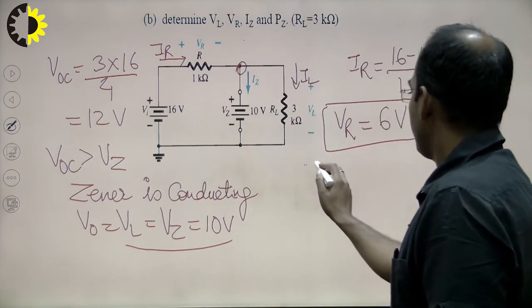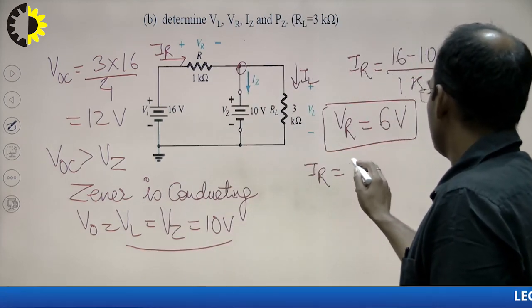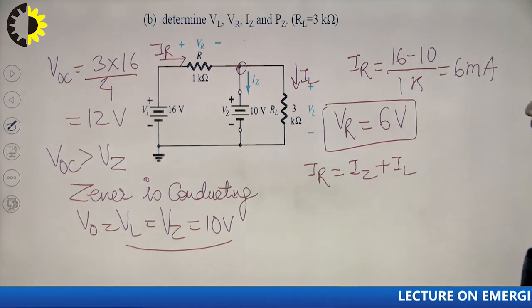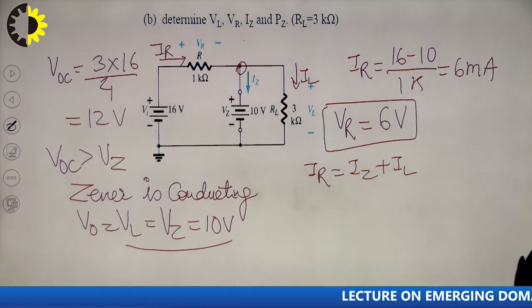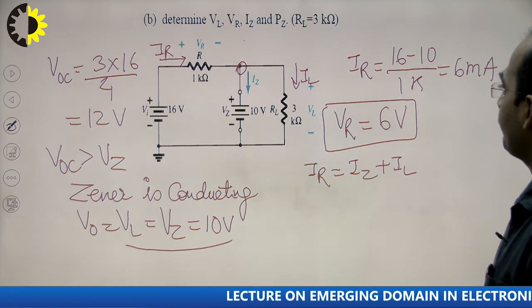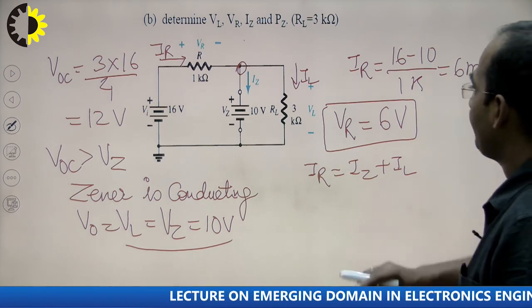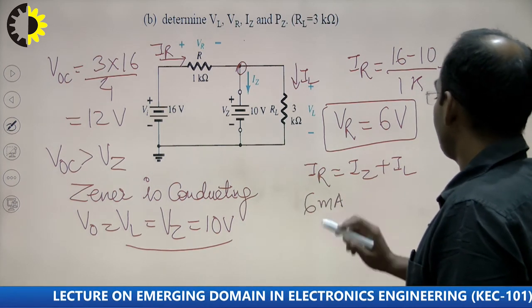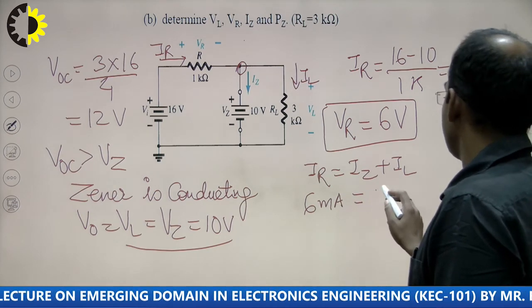So, IR is equal to IZ plus IL. IR is nothing but 6 milliampere. We have to find the value of IZ.